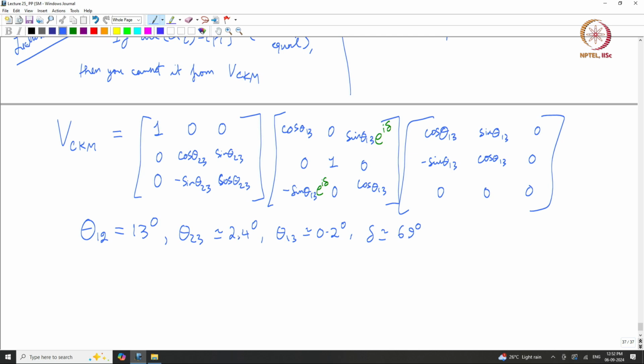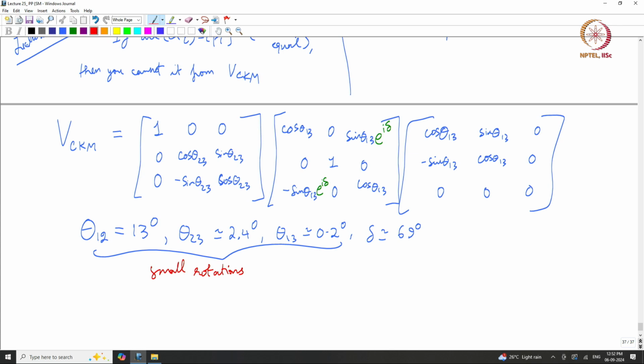What does this mean? It shows that these are all small rotations, that is, there is not too much of the down quark in the strange quark, there is not too much of the B quark in the down quark and so on, when you switch bases from interaction to mass bases.